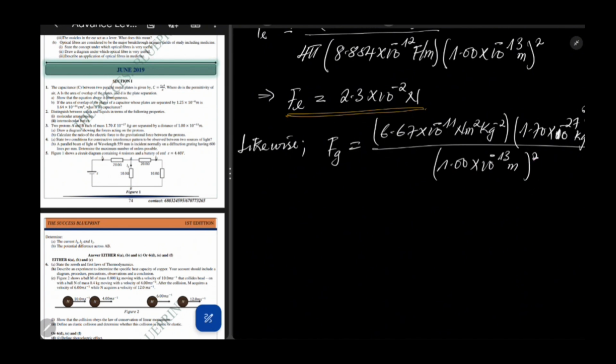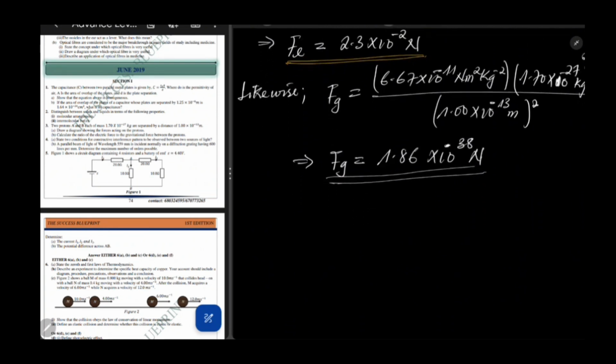If again you use a calculator, you are going to have Fg to be equal to 1.86 times 10 to the power negative 38 newtons, and this is the gravitational force.